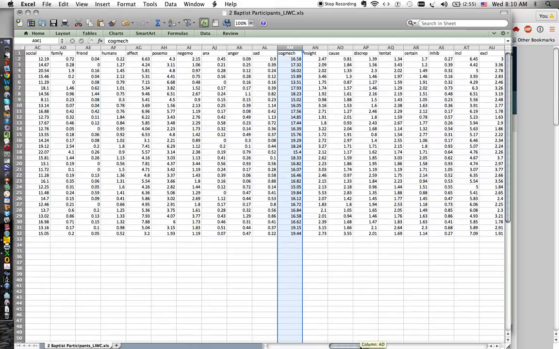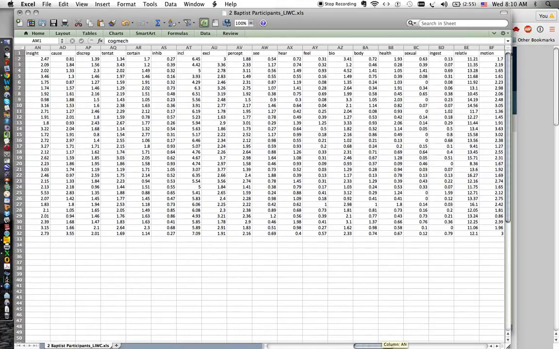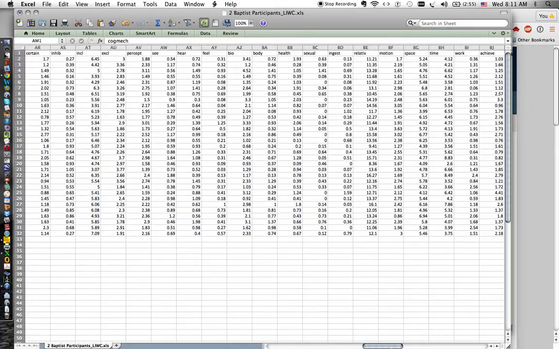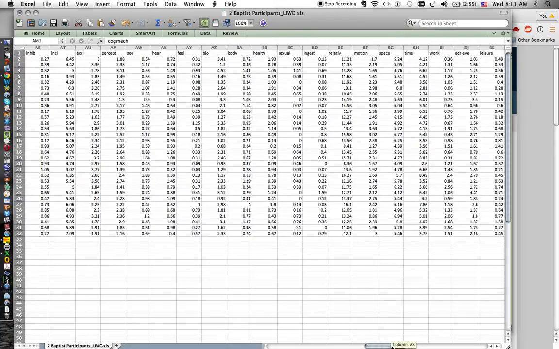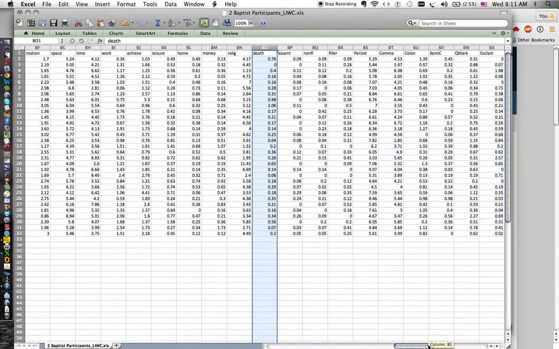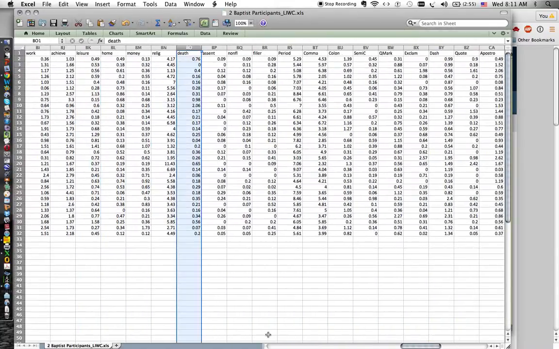And going on down here, if you're interested in religion, there is a religion category. Unfortunately, it's not especially good, having inside it many, many moral terms. But you also have categories like death here in column BO. And a few other things to round it out with some punctuation.